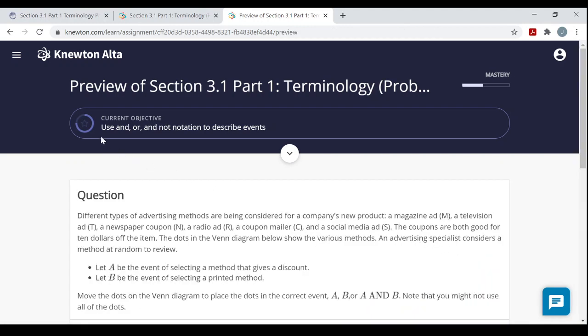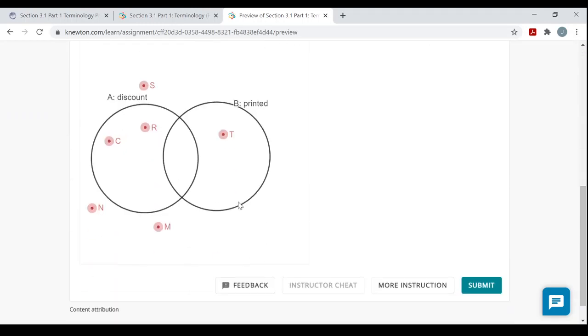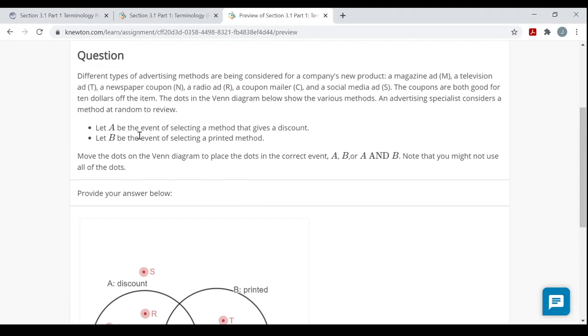So one more here on the use of and, or, and not. All right, so another one with the moving dots around. Okay. So different types of advertising methods are being considered for a company's new product.